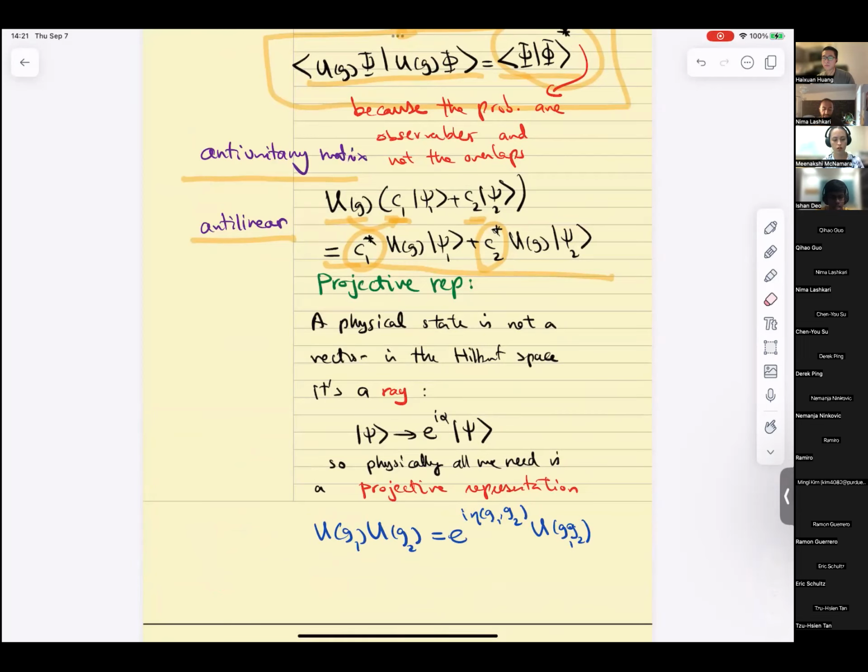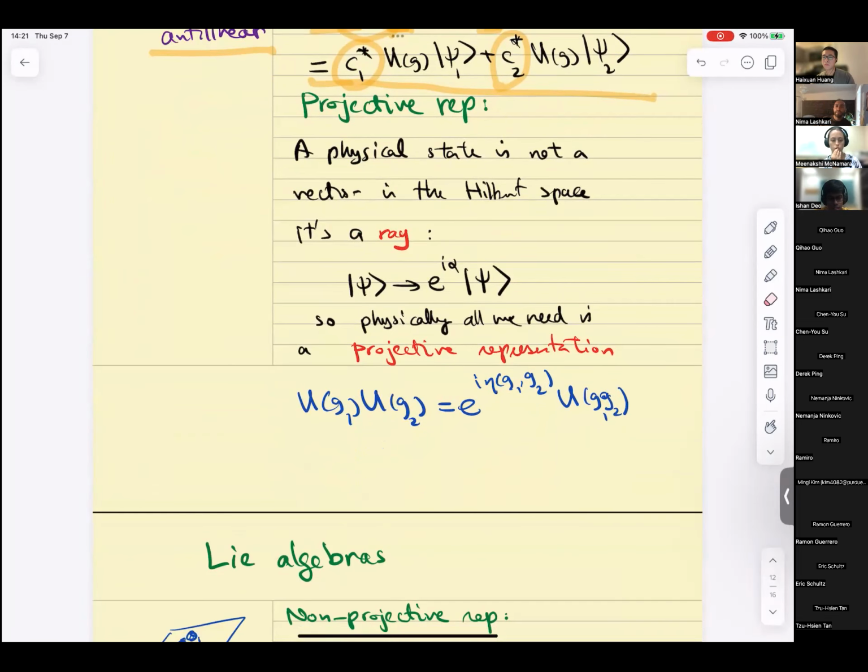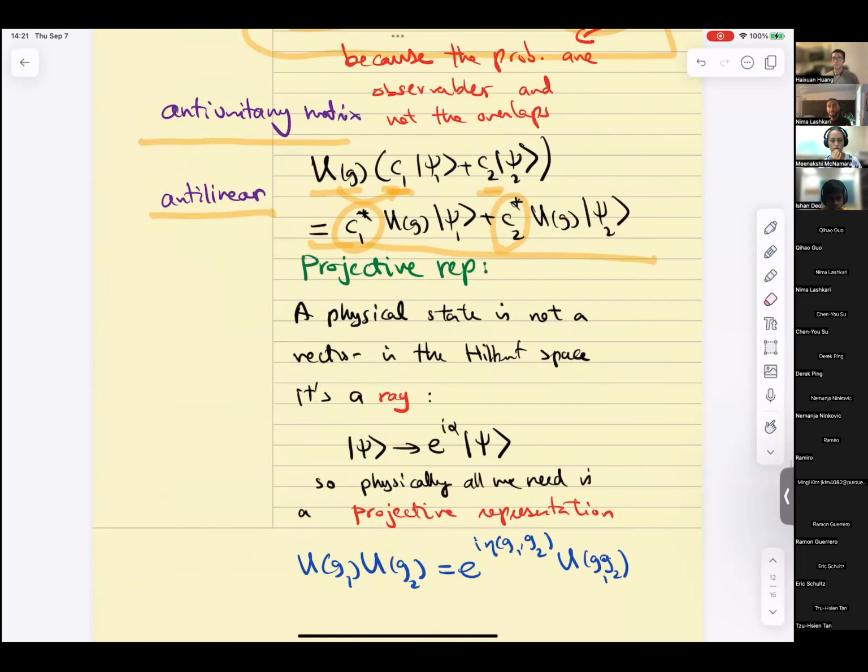Based on what I've said, you already realize that in the Hilbert space, I made a little bit of a leap. My physical states are not vectors in the Hilbert space. My physical states are rays.